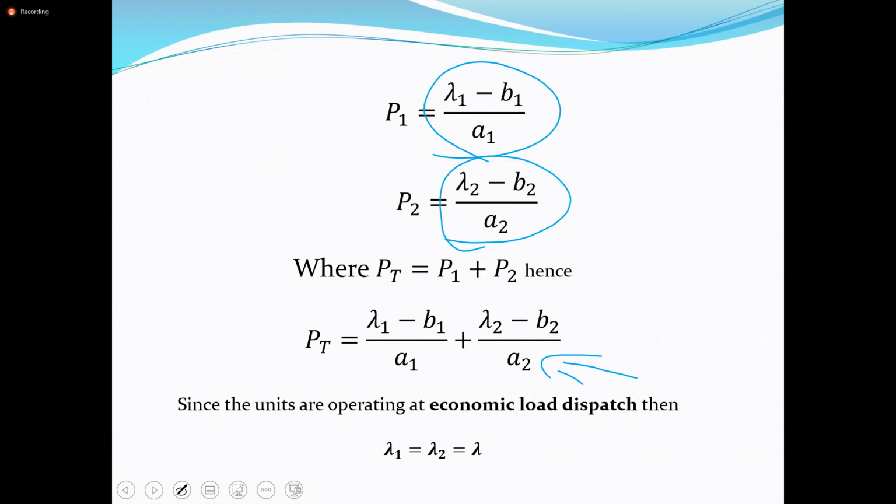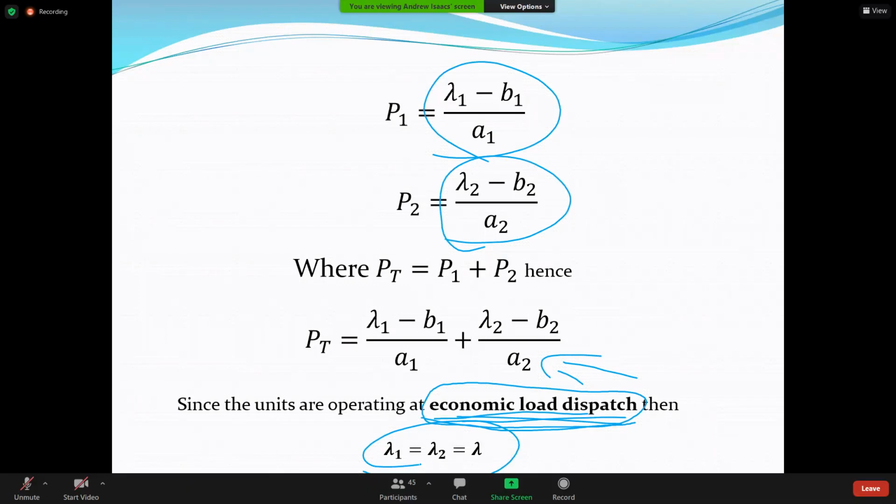Now, because this is true, underline it if you need to. Because that is true, it means that lambda 1 is equal to lambda 2 is equal to lambda. All right? So lambda 1 is equal to lambda 2.